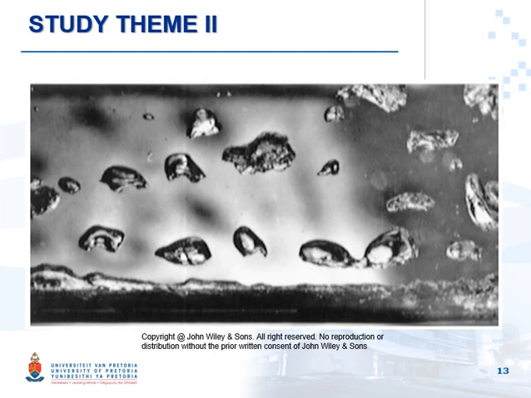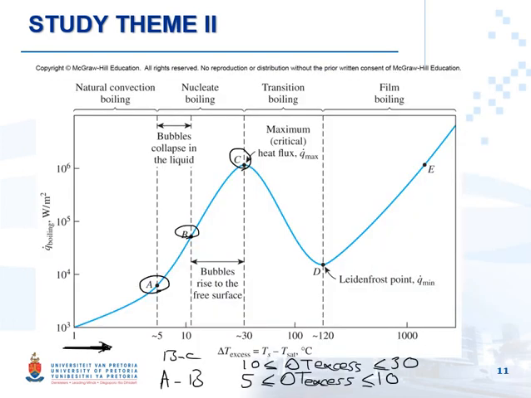Due to having the highest heat transfer rates with delta T excess values lower than 30, nucleate boiling is the most desirable boiling regime in practical application. So what does it mean? It means that, okay, I want to design something by using the concept of boiling. What I want is to have the highest Q dot boiling.